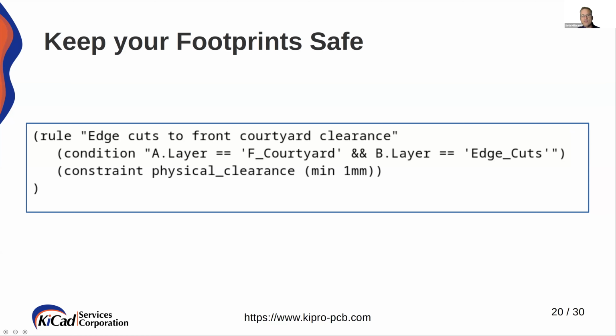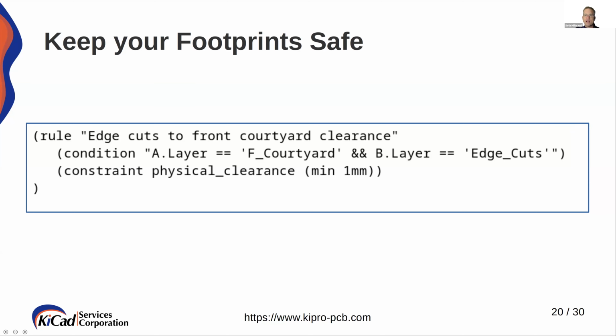In this case, this is a condition that exists between two objects. If the first object exists on the courtyard and the second object exists on edge cuts, then we want to have a minimum physical clearance of at least 1 millimeter.